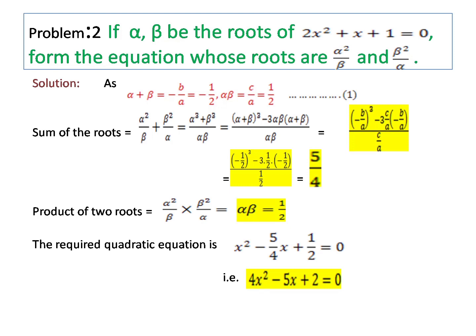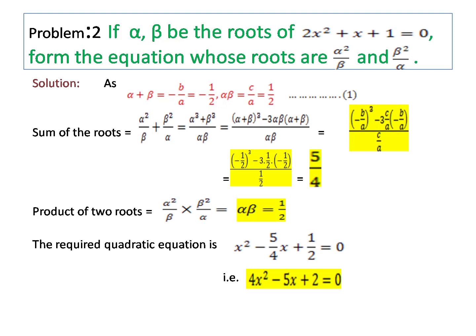As you know from the previous formula, the relation between the coefficients and the roots, alpha plus beta equals minus b by a, that is minus half, and alpha beta equals c by a, and here it is half. We number these two values as equation 1.